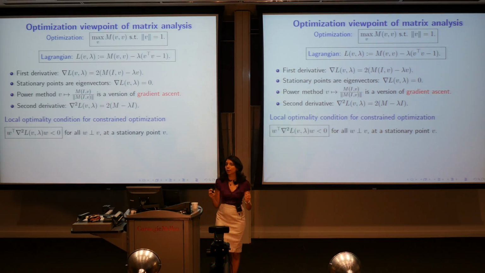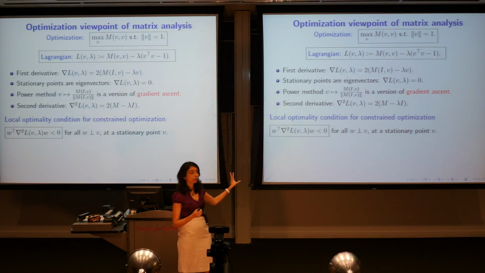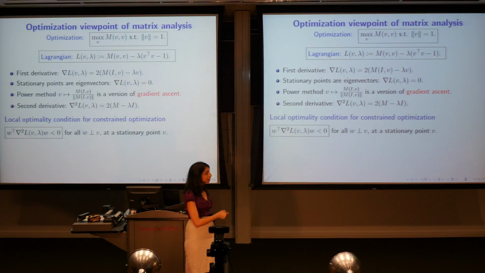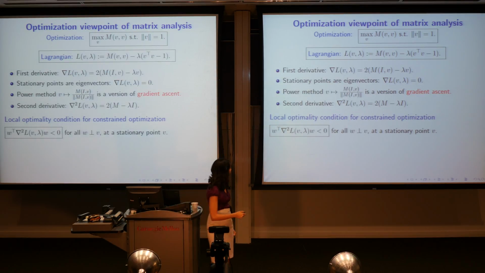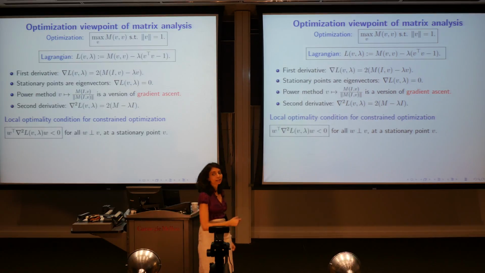Just to recall, what is the condition for a stationary point to be a local optimum? This is true for any constrained optimization problem: if I take the second derivative of the Lagrangian, and then look at all directions W that are perpendicular to my vector V, so that is the stationary point, and I look at all directions perpendicular to it, this quadratic form should be less than 0.